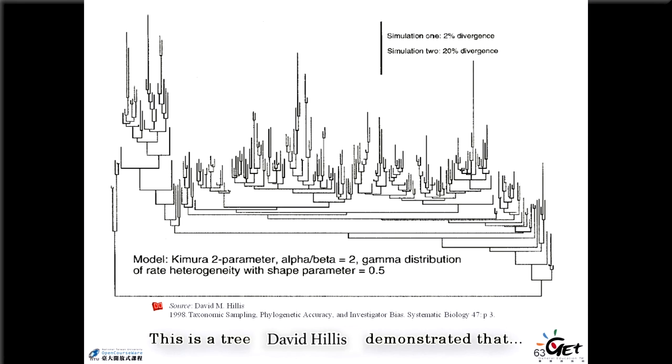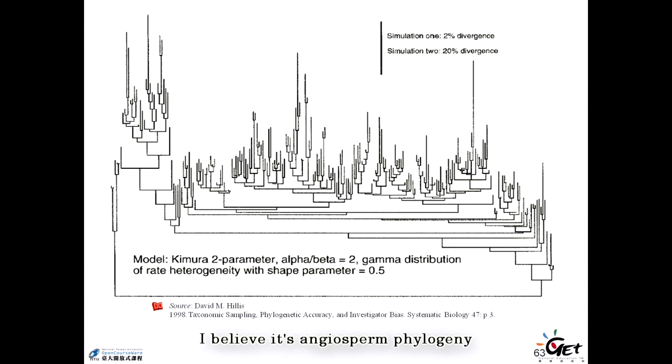And this is a tree David Hillis demonstrated, which I believe is the angiosperm phylogeny. It has a lot of long branches along the tree. He tried quite a lot of different approaches to eliminate the long branches, including eliminating some of the taxa, and or adding some taxa to break down the long branch.